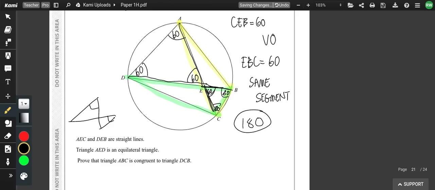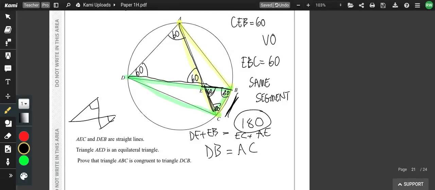So therefore, the length DB must be equal to the length AC. So we're using that property of an equilateral triangle in terms of its length because we've added DE and EB together. DE plus EB must be equal to EC plus AE. So we've now shown that they're the same length.